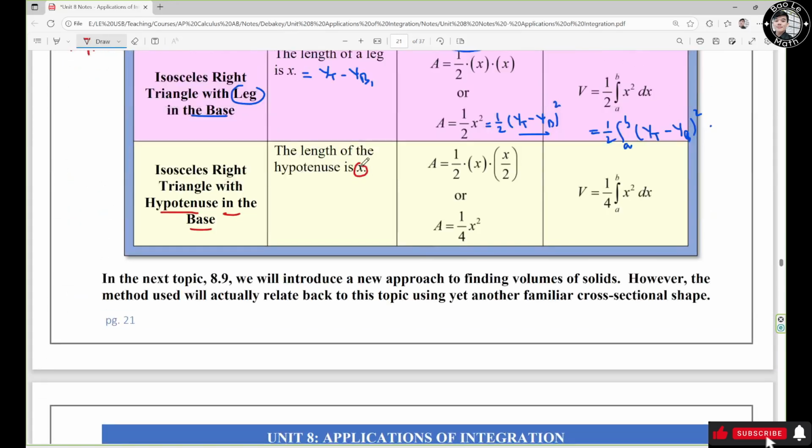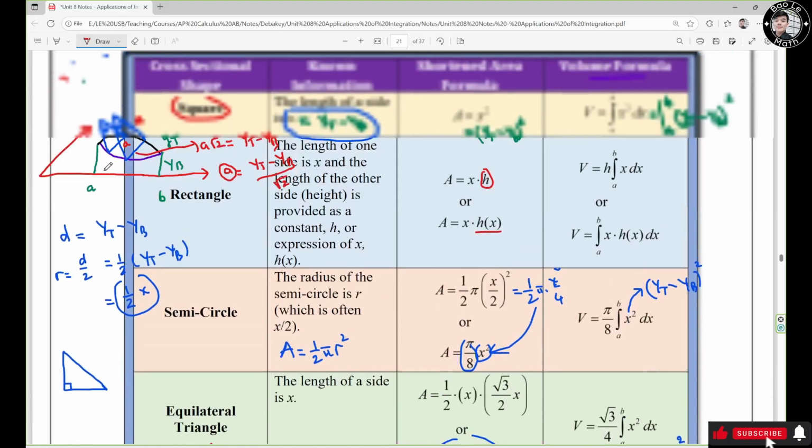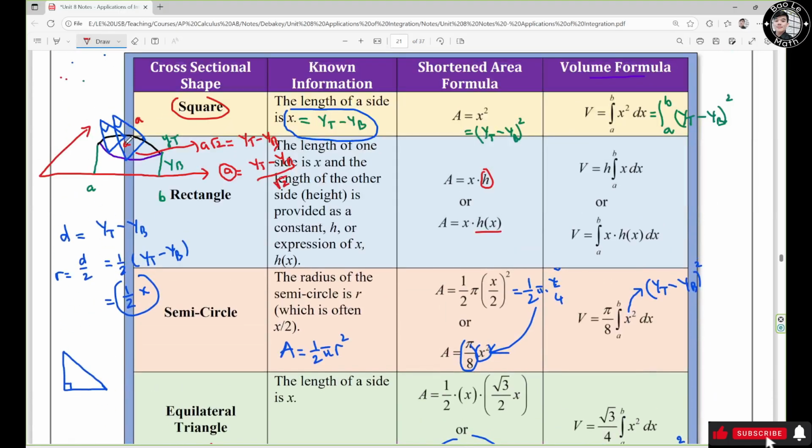Hypotenuse is s, so we just say s equals a root 2. We look at the figure right here. Suppose this one is an isosceles right triangle. We have a root 2 right here equals y top subtract y bottom. Divide both sides by root 2, and a is going to be (y top subtract y bottom) divided by root 2, right?